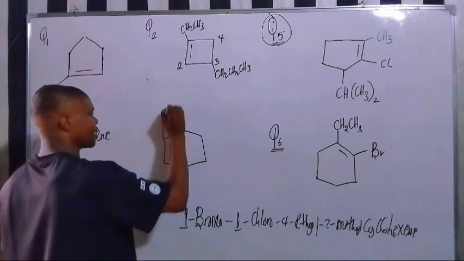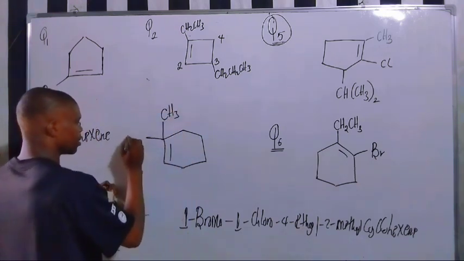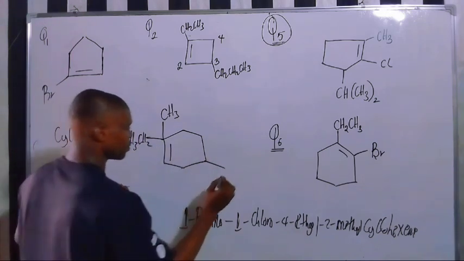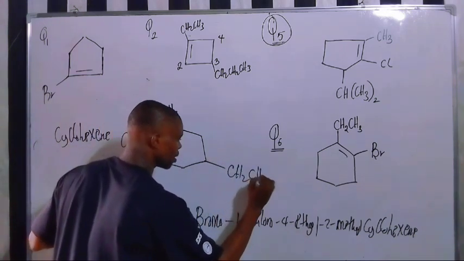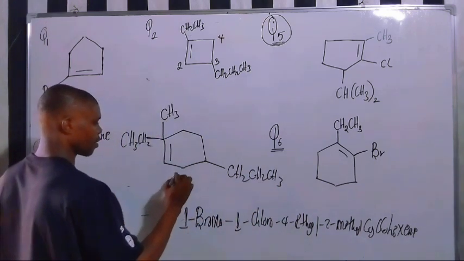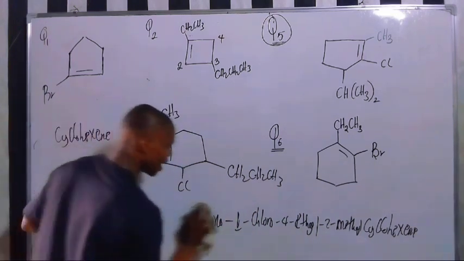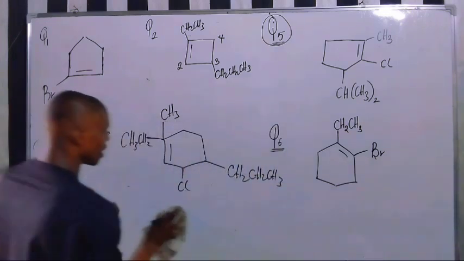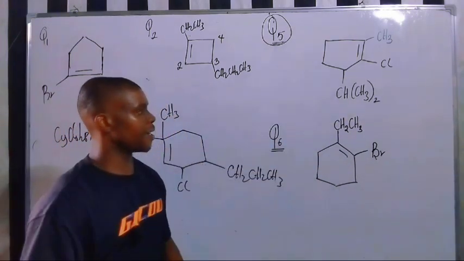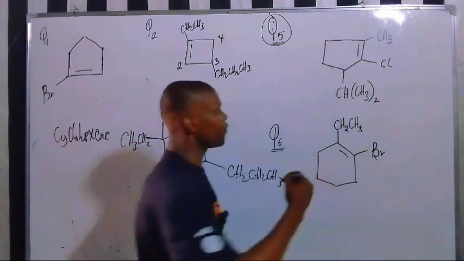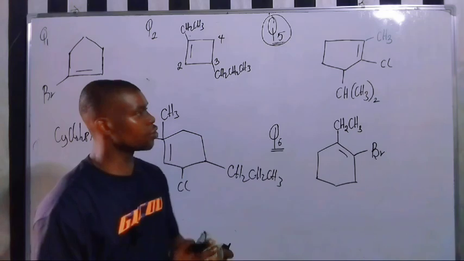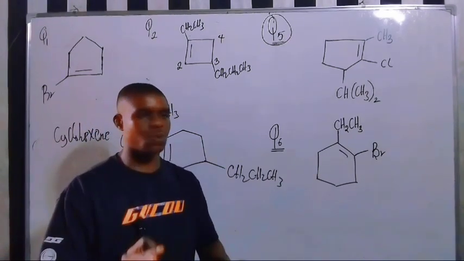Now here we have CH3, CH3, CH2, here CH2, CH2, here CH3, and here we have Cl. Go ahead and name this one for me. Let me see what you can do. Go ahead and name this compound. How are we going to name this one? Of course, follow the rules of nomenclature and what you have done so far.